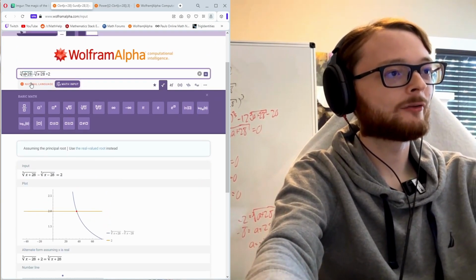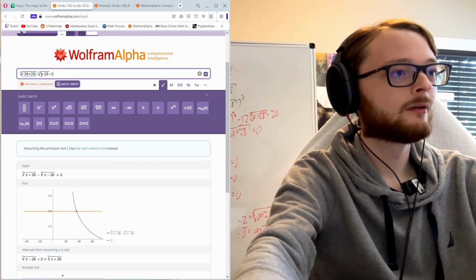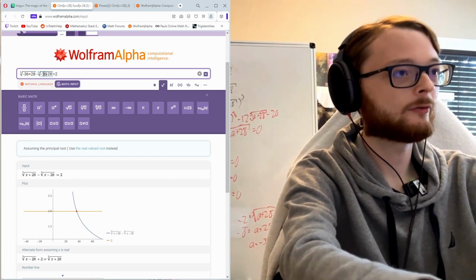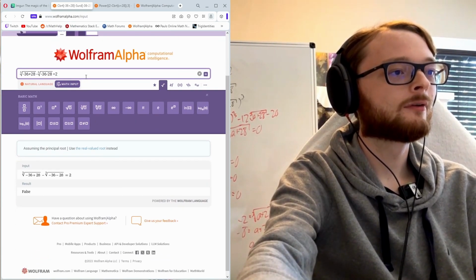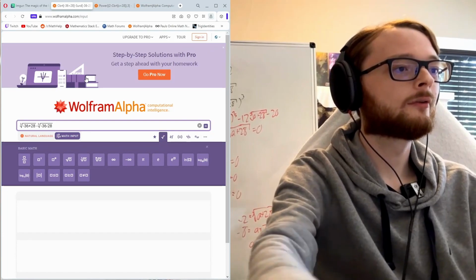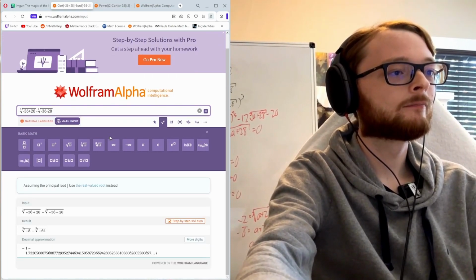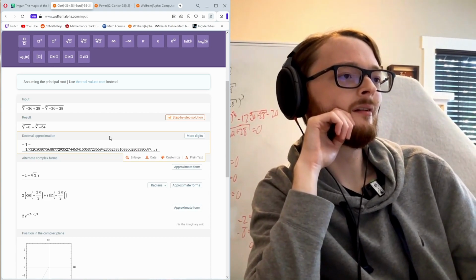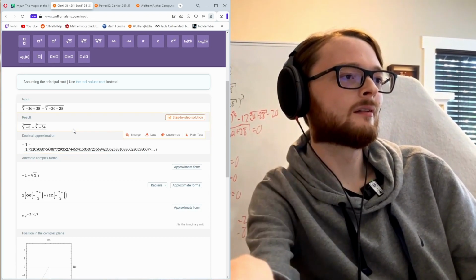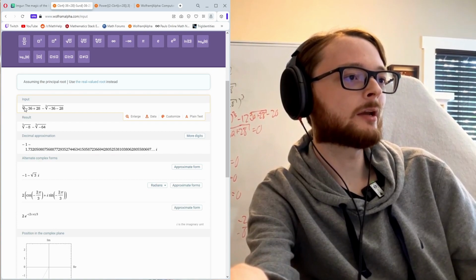Let's just do another sanity check. Let's manually plug in negative 36 here. False. Why are you false? What? That's negative 8, which becomes negative 2.